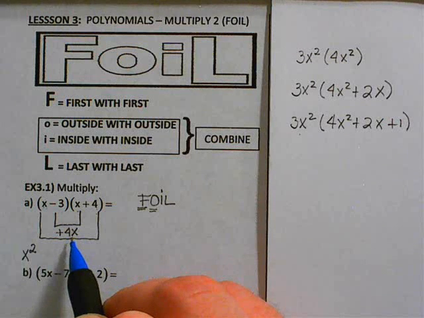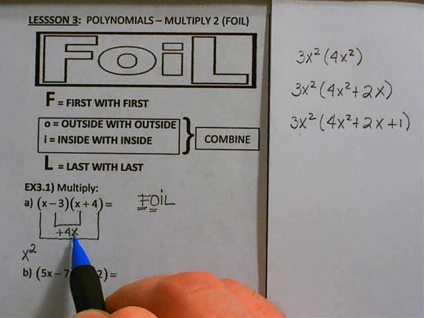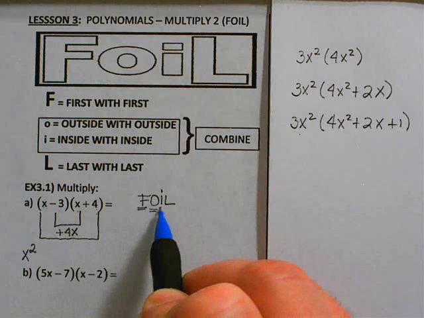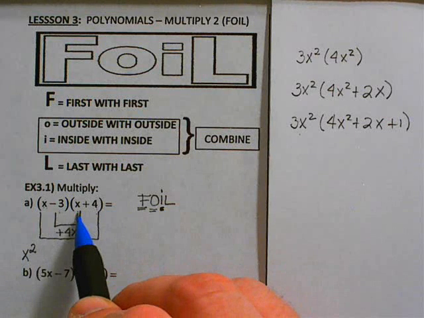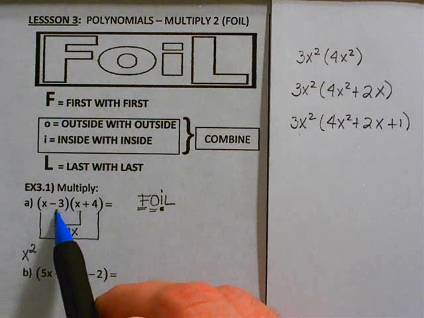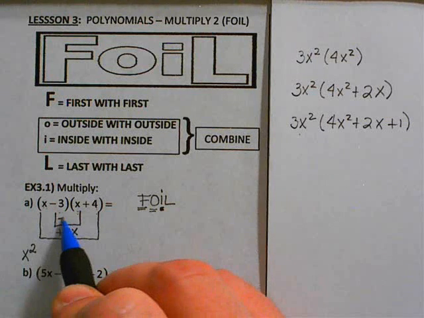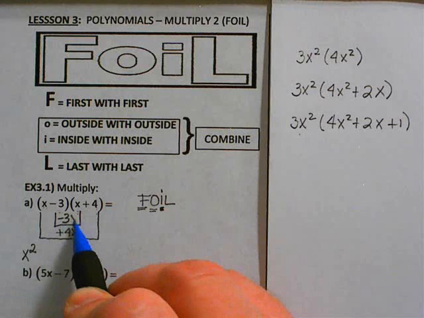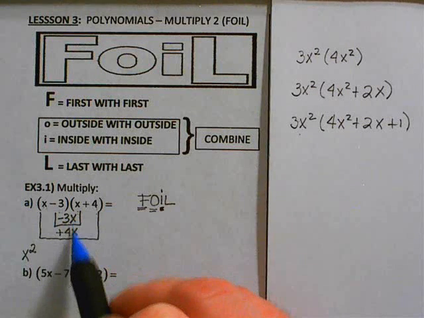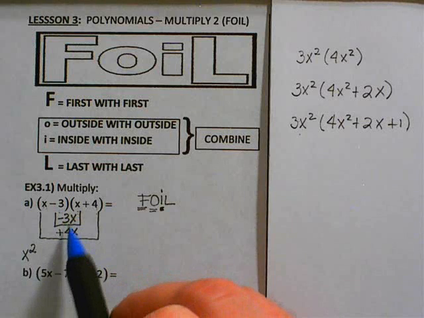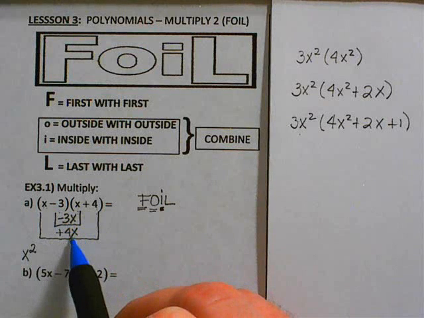Okay? Now we're going to do the I. The I stands for inside times inside. So negative 3 times x is negative 3x. And then now I'm going to combine them. Negative 3x plus 4x, you subtract, so it would be 1x.